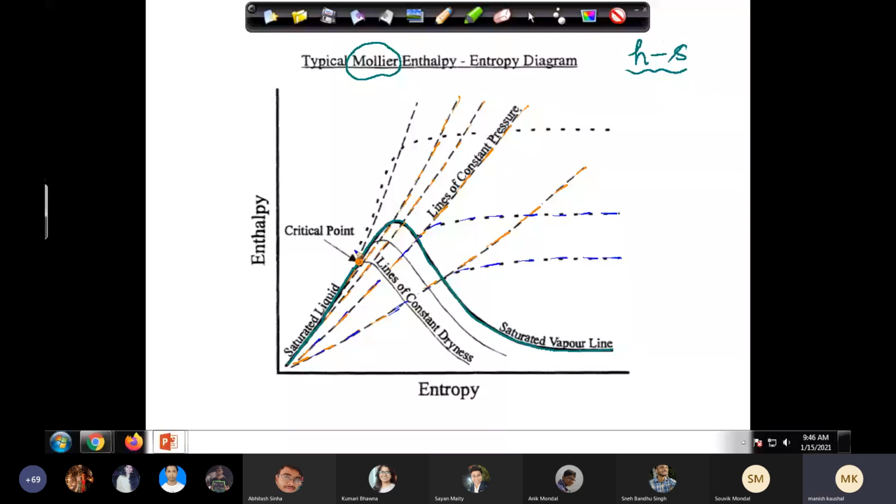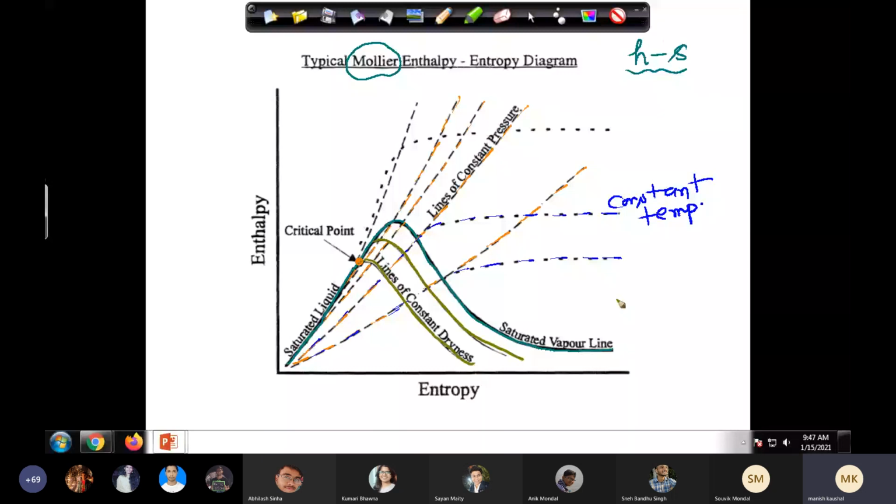Okay, so we have constant temperature lines, and we have constant pressure lines, and these lines are constant quality lines. Quality means quality of steam. What does it mean by quality?